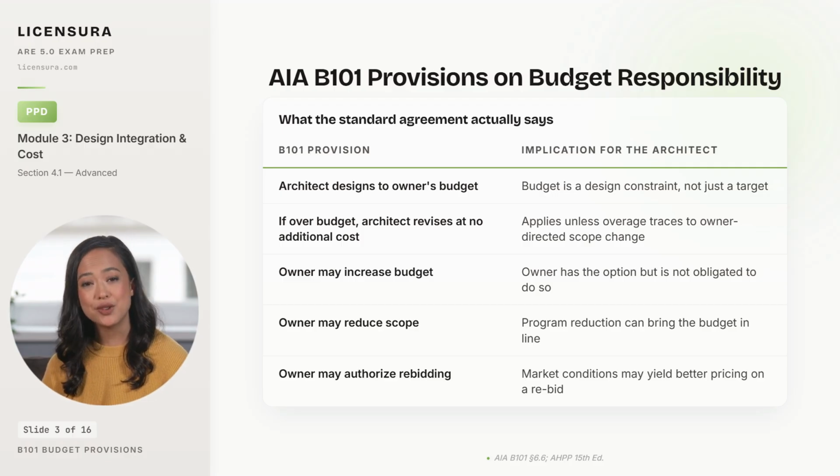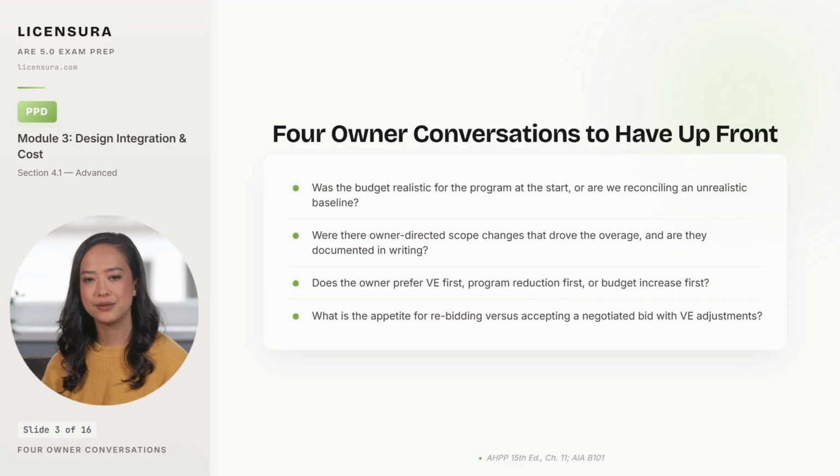Four conversations with the owner determine whether the reconciliation goes well or badly. These are four conversations the architect has to lead with the owner, ideally before the reconciliation meeting hits a fever pitch. First, was the budget realistic for the program at the very start? Or is the team now reconciling an unrealistic baseline that was set before the design was developed enough to challenge it?